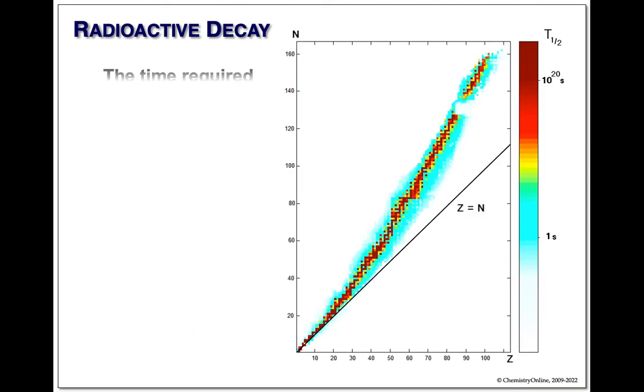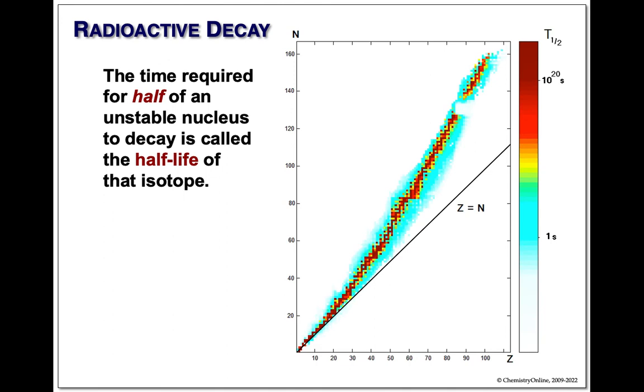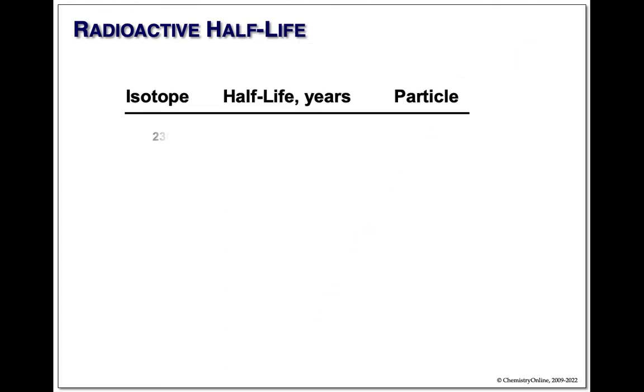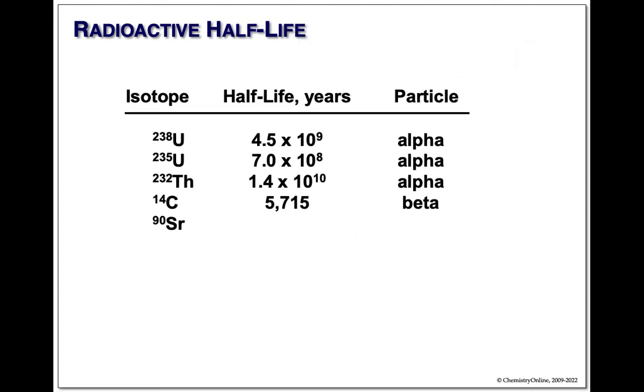Half-lives vary a lot. This is on the order of billions of years. This is 1 second. This is just fractions of seconds. Some actual numbers. Uranium-238 and 235. Basically, you're looking at 1 billion years.